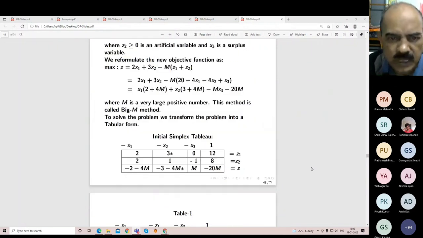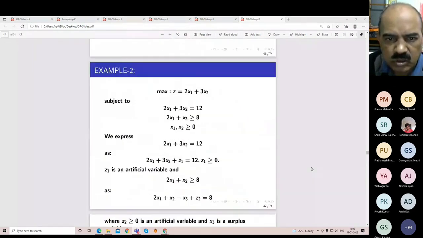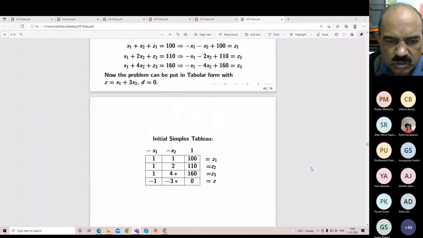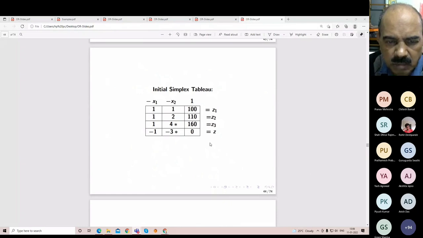No. See, I am repeating here. This is the table. In the next table, we'll interchange the roles of basic and non-basic variables with respect to the second column and third row.